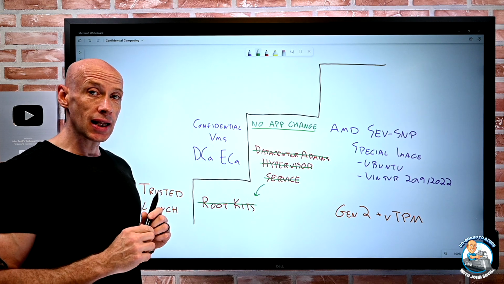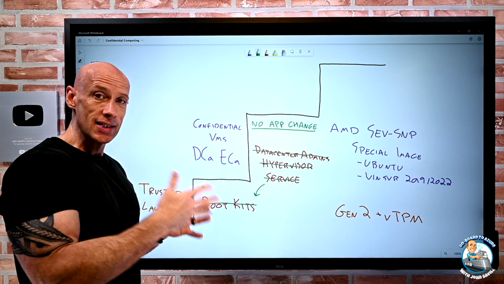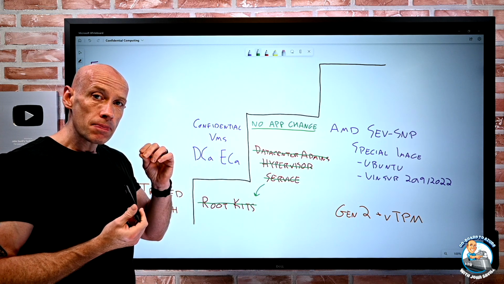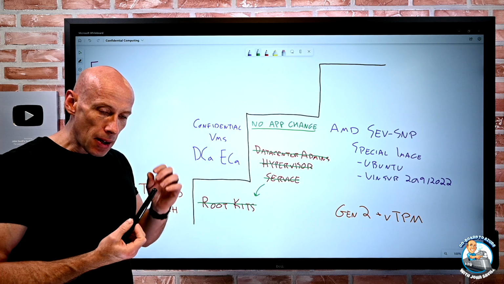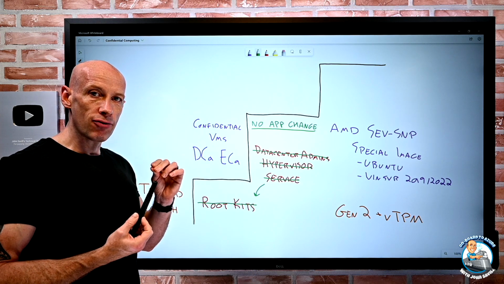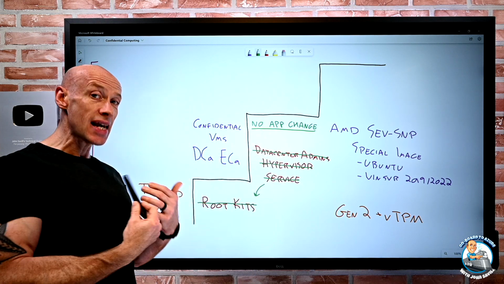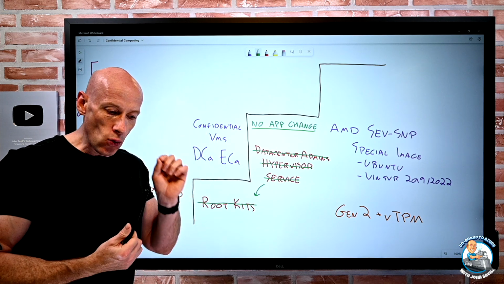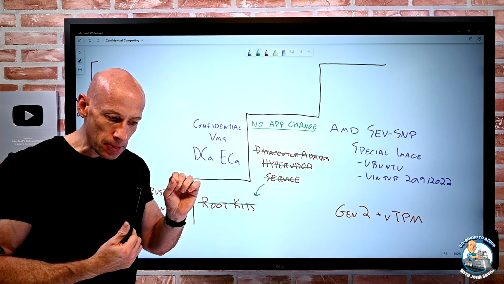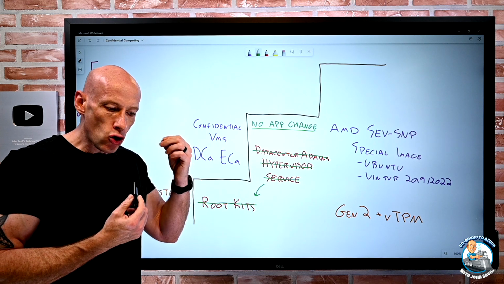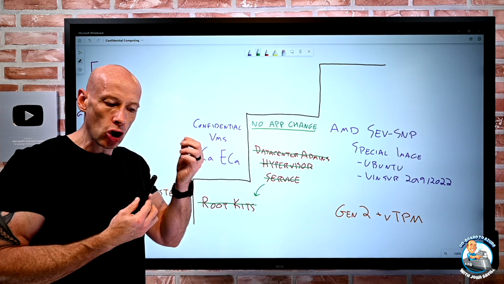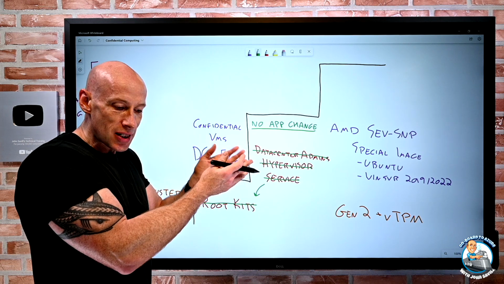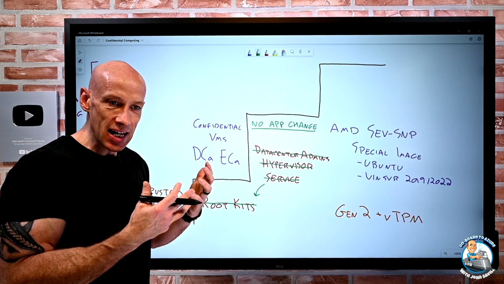Optionally, I could select to encrypt the OS disk of this virtual machine and then only be able to decrypt it by having an attestation from the platform that I am running inside. The disk is attached to a confidential virtual machine. And only then with that attestation would the OS disk encryption key be able to be unlocked from Azure Key Vault because it's being tied to the virtual TPM and that attestation.